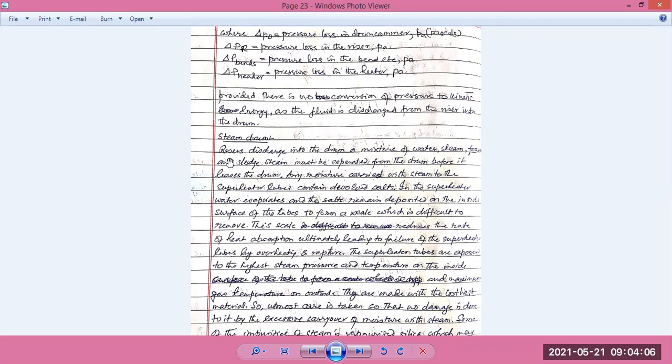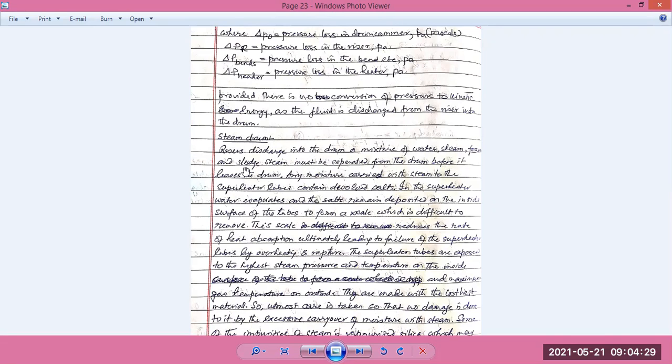The riser discharges into the steam drum a mixture of water, steam, foam, and sludge. What is going on here? The riser first sends water saturated with steam, then steam, and along with it foam and sludge.